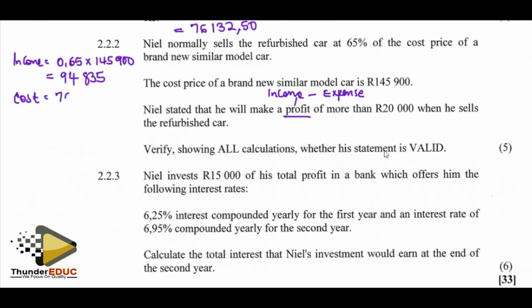So the expense or the cost you said is 76,132.50. So we are going to subtract the two values. So the value that they get is 18,000.